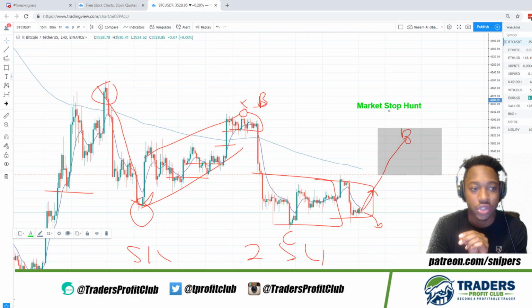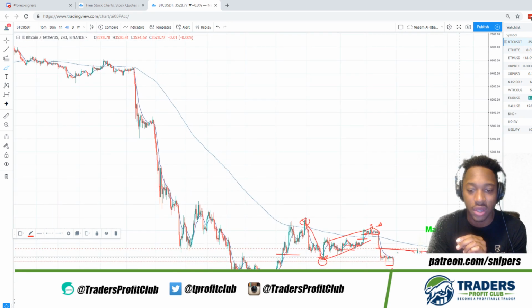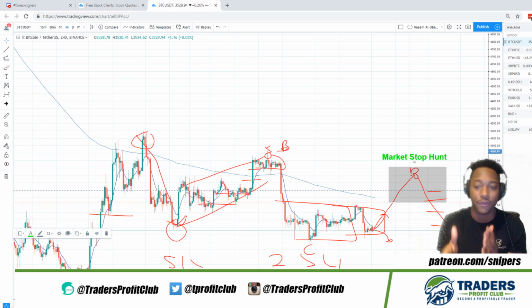And after they do trap those buyers or sellers, then they will reverse price to stop all those traders out, and then continue with that trend and make profit, right? So this is what we're probably going to see with market price in the near future, where we're going to see that market stop hunt to the upside, consolidation of price between that 39 to 4,000 range.